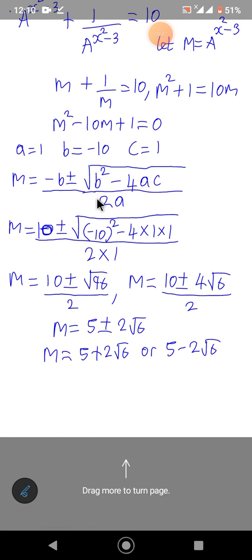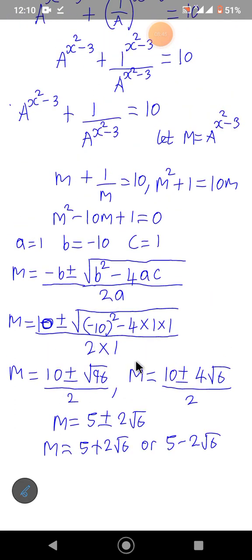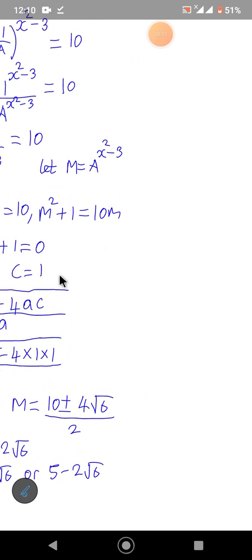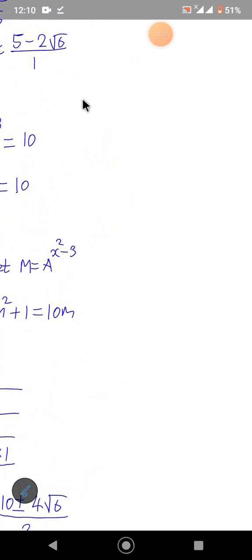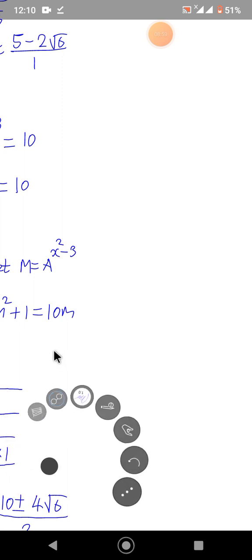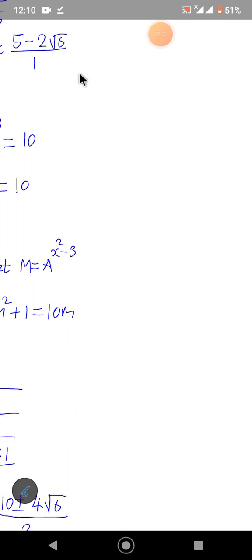Now, since we have gotten m, recall that m is equal to a raised to the power of x squared minus 3.